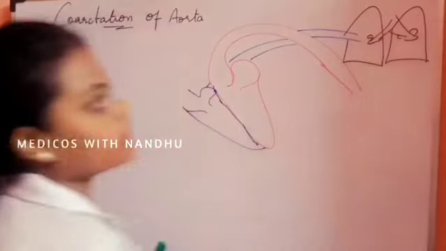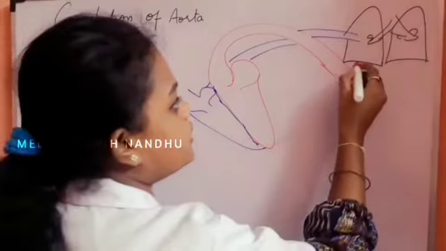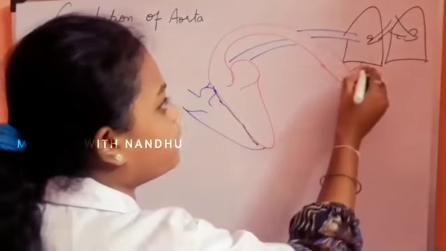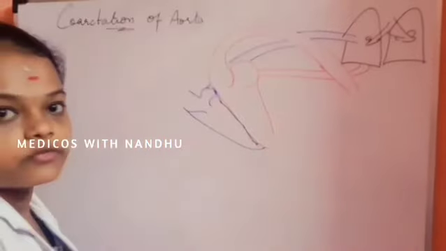Where oxygenation takes place, gas exchange takes place, and from the lung, the pulmonary vein is connected to the left atrium.